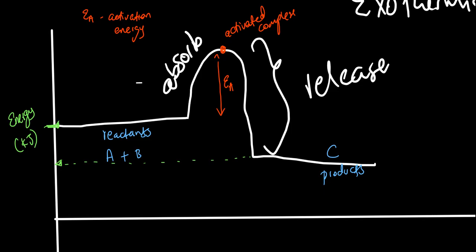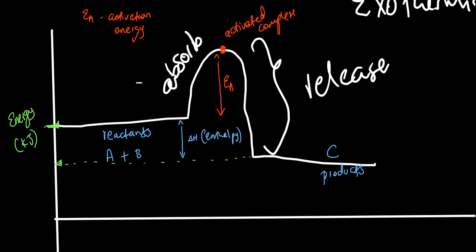So as you can see, which one has more energy between the reactants and the products, guys? Which one has more energy? The reactants. Yeah, that is true. Reactants have more energy. Now here we're going to have what we call the enthalpy.